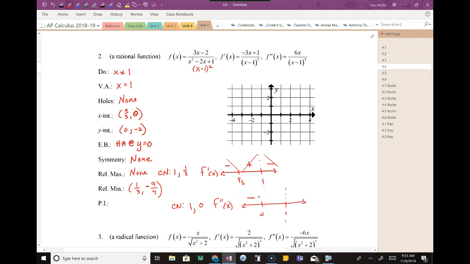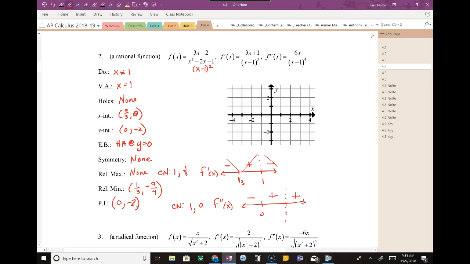So negative. If we plug in a positive, let's say 1/2, we get a positive over a positive. And if we plug in 2, we get a positive over a positive. So, did we find a point of inflection? We're at 0. Good. And if I plug 0 into the original equation, I get negative 2. Good.